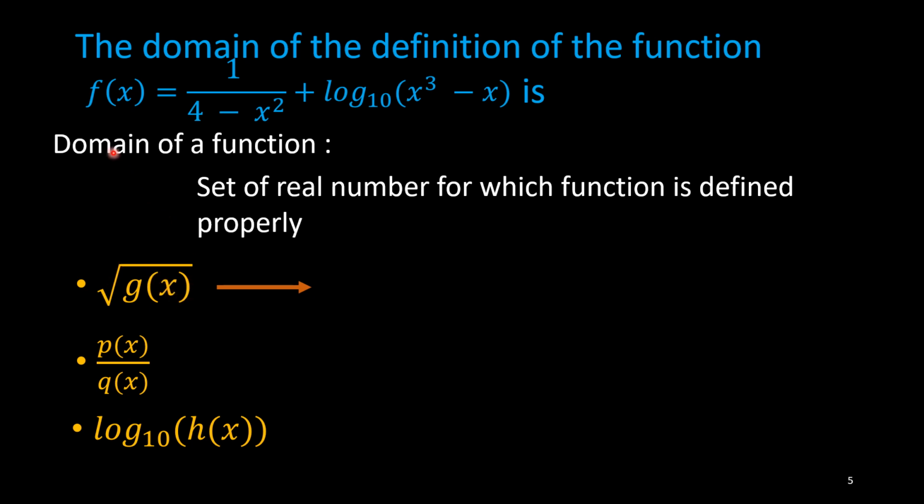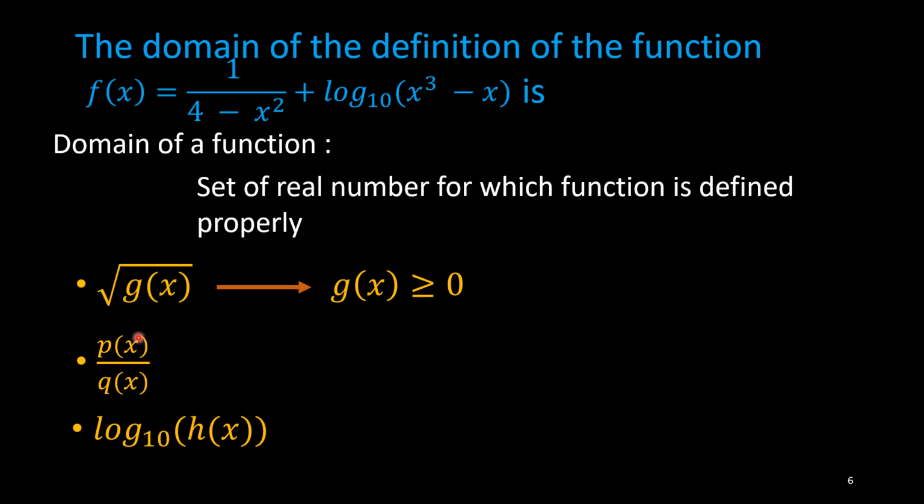So the function is not defined there, because the function is real to real. Thus we have to exclude the case when g of x becomes negative. We have to choose only those values for which g of x is positive or equal to 0. Thus we need to consider g of x greater than or equal to 0.